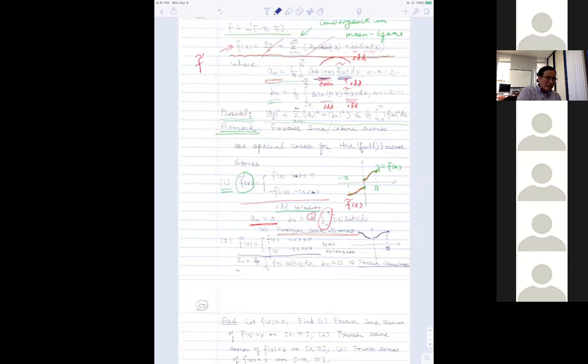So the integral, originally from negative pi to pi, would now be from 0 to pi with a 2 here. So it is double the integral from 0 to pi. And in this case, likewise, all those bn are 0, so we don't have the sine terms. We have only the cosine terms. Is that clear?